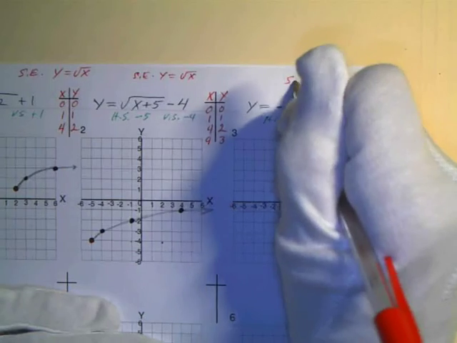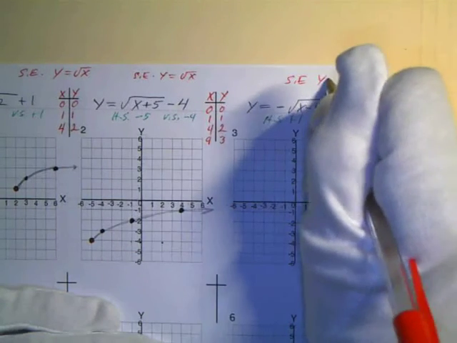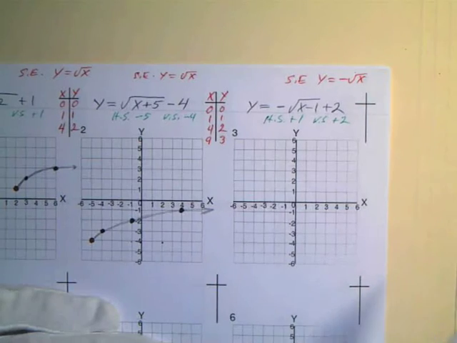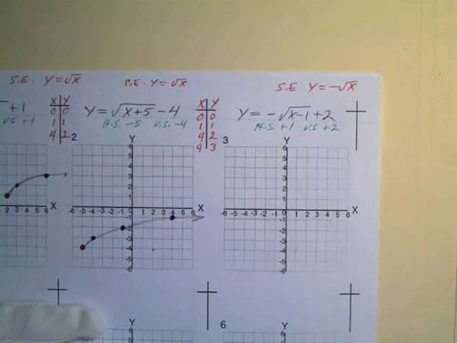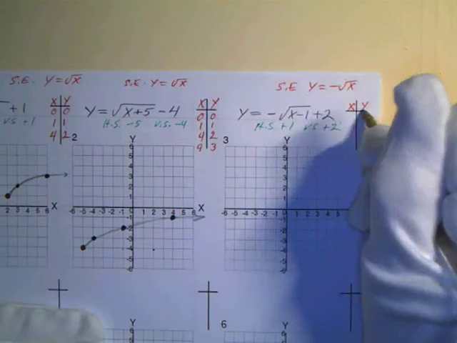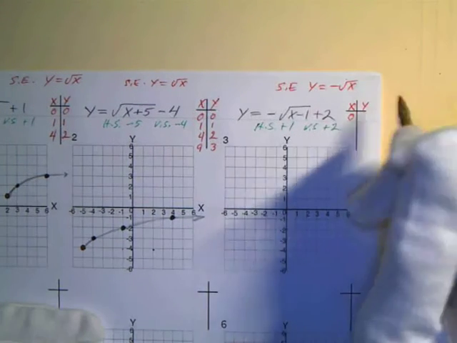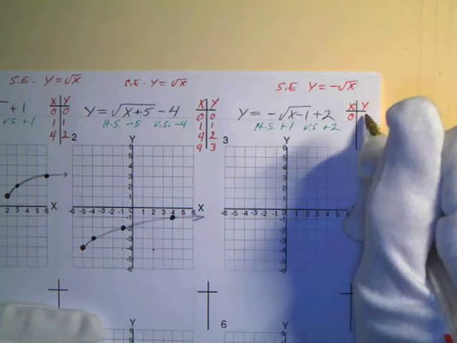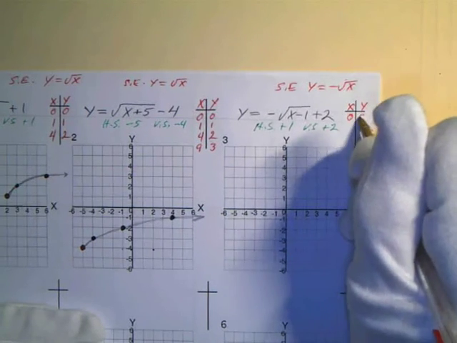Now my shape equation is y equals negative the square root of x. That's everything without the shift. So when I try my table of values, I'll try x, y, 0, and the square root of 0 is 0.